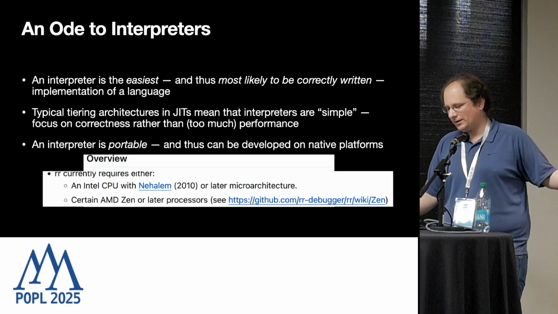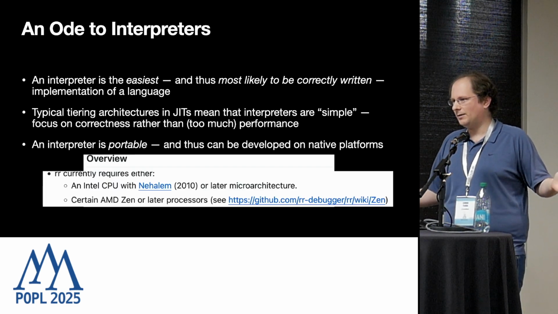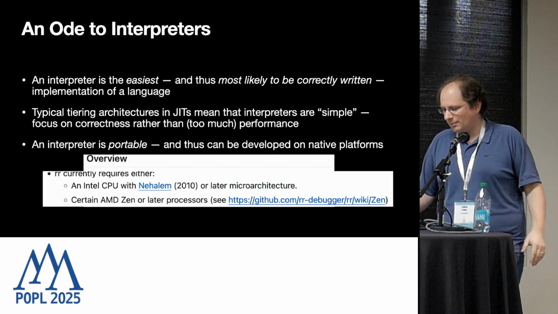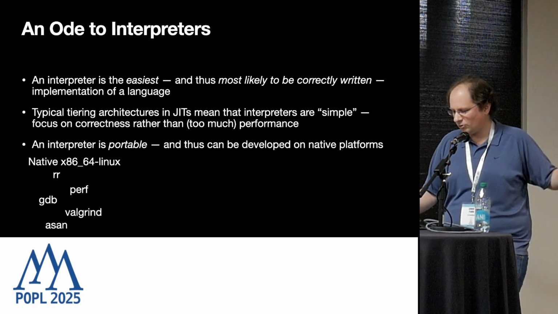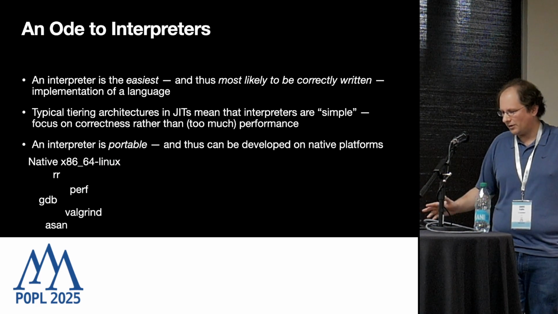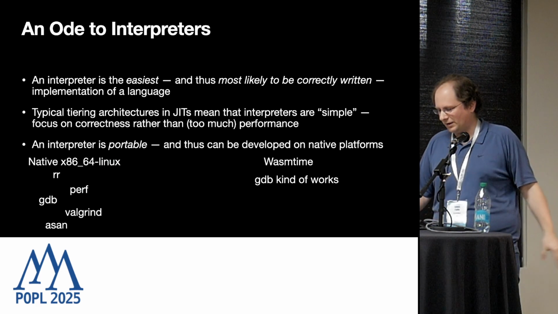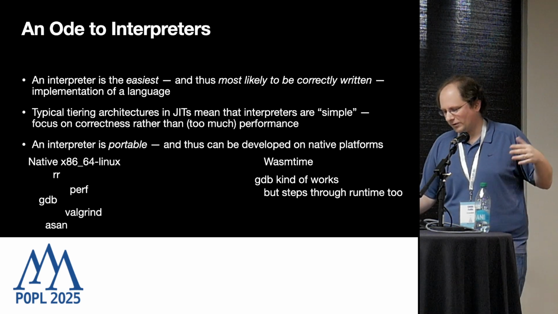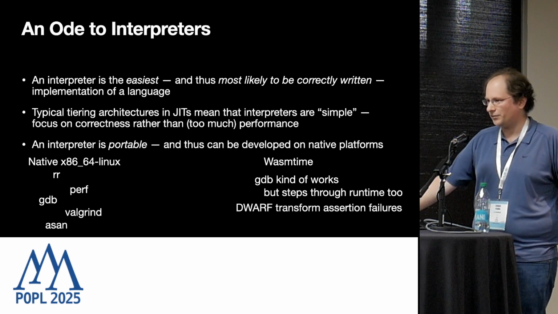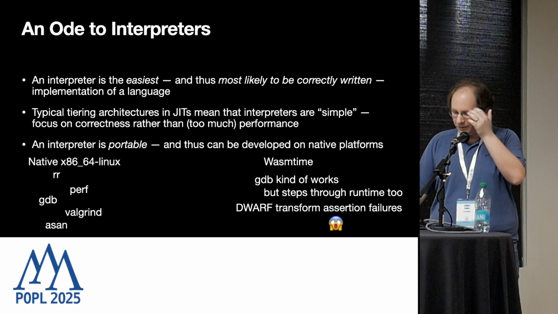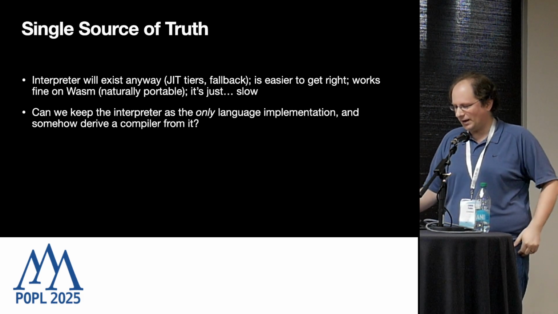One tool that I really like to use is rr, the reversible debugger. It's fantastic for finding bugs. It only works on native Intel and some ARM chips. So on native x86, I have rr, perf, GDB, Valgrind, all the things. Wasmtime GDB kind of works, but kind of not, and I often get assertion failures. So I'd rather develop my interpreter natively and then just compile it for Wasm.